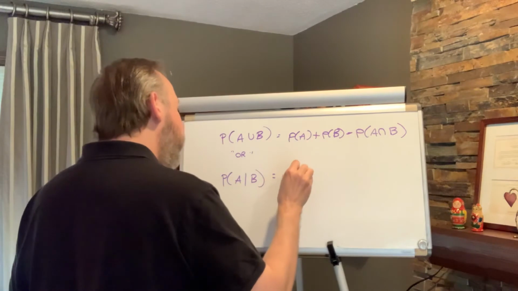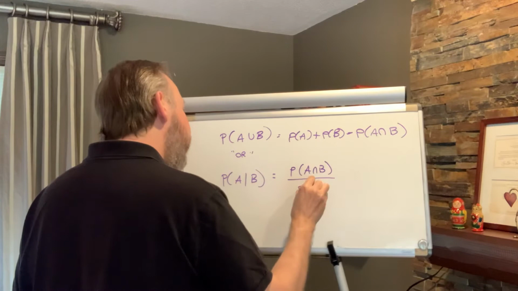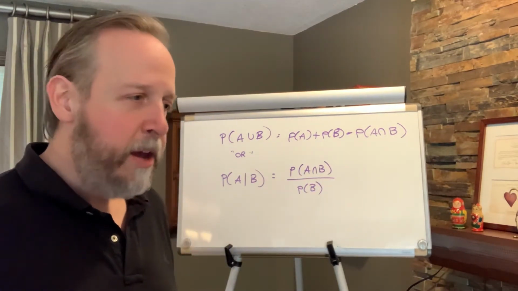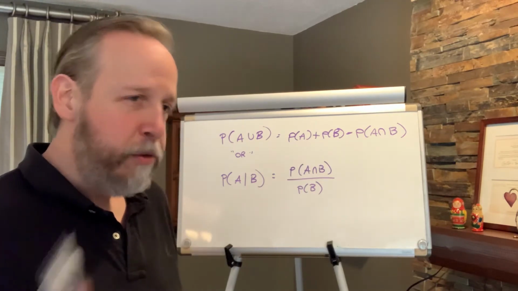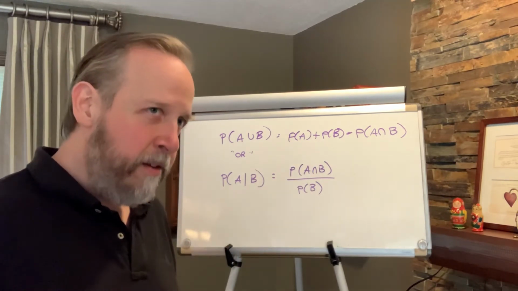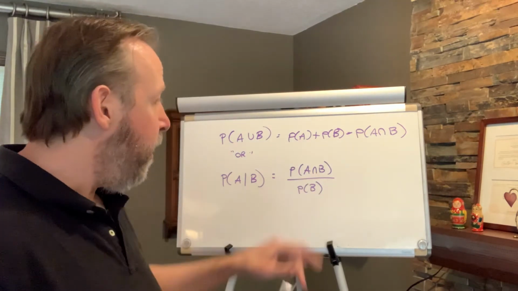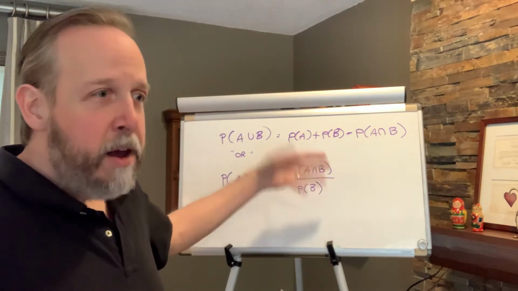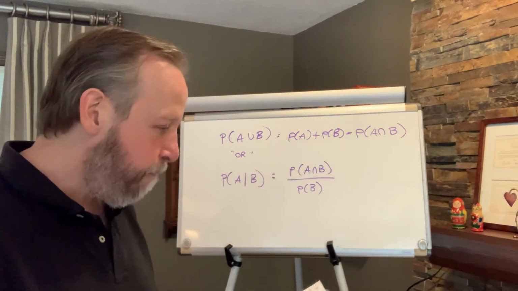And if you want to find it numerically, it is their intersection divided by the probability of B. So we did a problem like this the other day where we had the left-handed people who were single birth versus multiple birth, and the question was, what's the probability of a person being a multiple given we found a left-handed person? So it was the probability of left-handed and being a multiple birth divided by the probability of being left-handed, so that we had the event given as a condition.